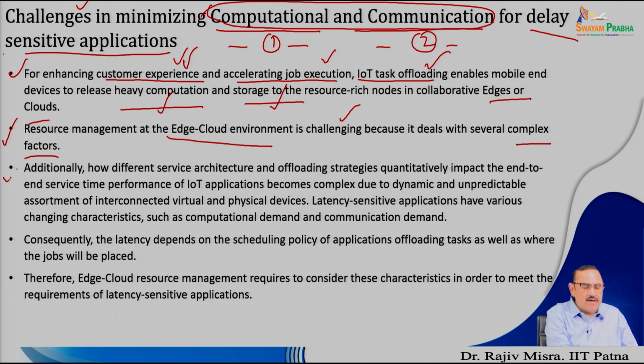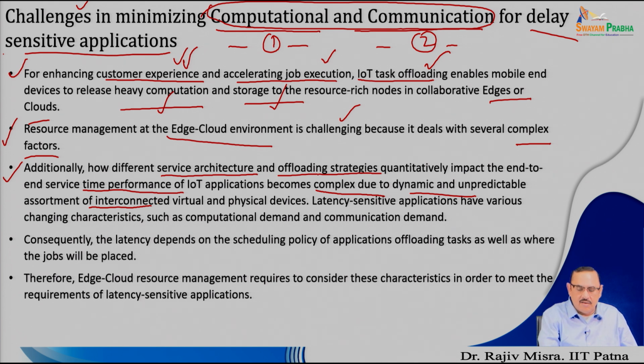Additionally, we are going to see how different architectures and offloading strategies impact the end to end performance, or the service time performance, of IoT applications. It often becomes quite complex due to the dynamic and unpredictable assortment of the interconnected virtual and physical devices.